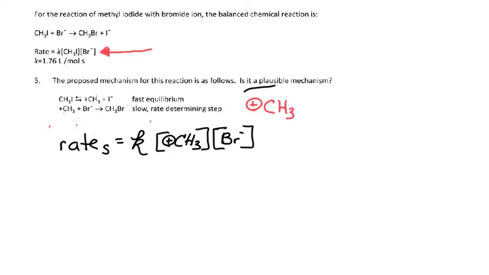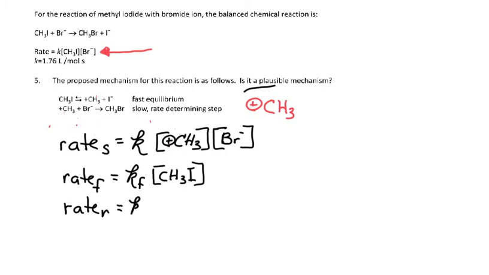When you have an equilibrium, the rate of the forward reaction is equal to the rate constant for the forward reaction times methyl iodide to the first power. It's an elementary step, so the order of the reaction is based on the coefficients. The rate of the reverse reaction is equal to the rate constant of the reverse reaction times iodide times that weird CH3 cation.